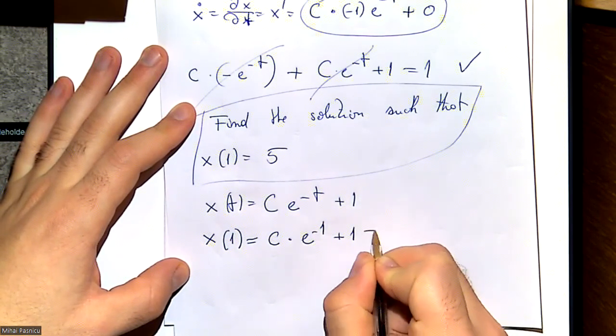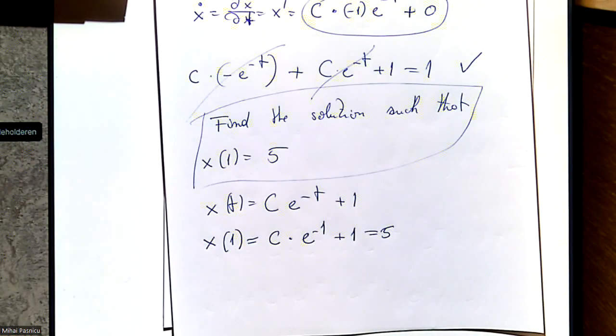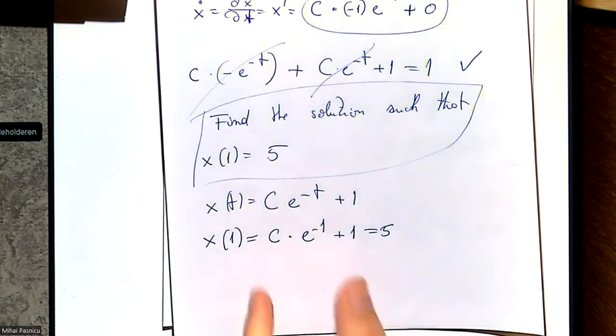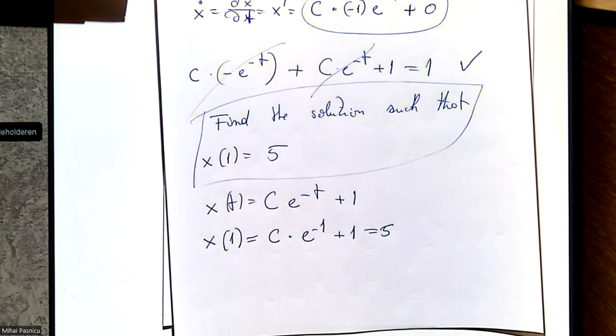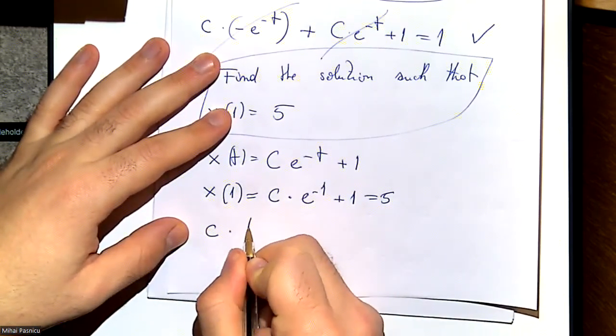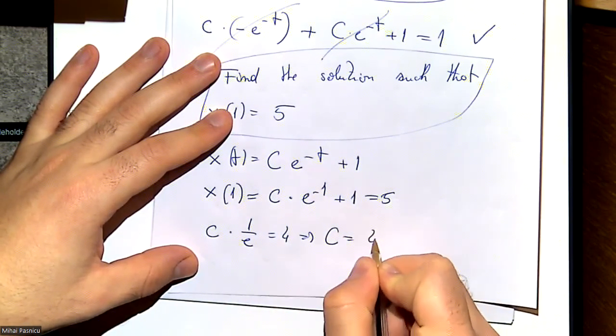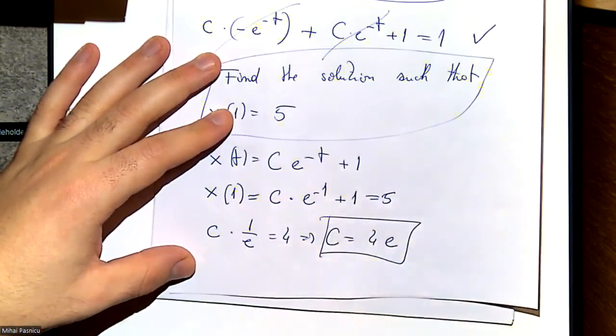And I put the condition this to be 5. What they're basically asking is for you to find the corresponding constant, that's c, such that you get this. Now I just solve this for c, and I get c times 1 over e is equal to 4. So c is equal to 4 over e, and I am done.